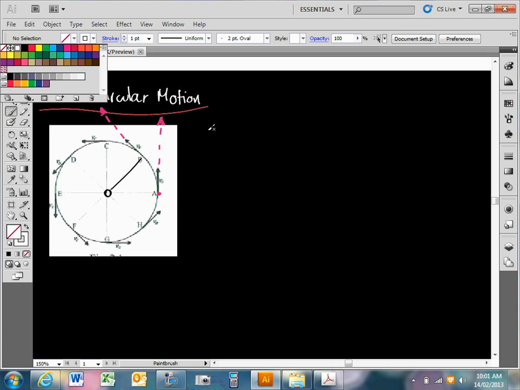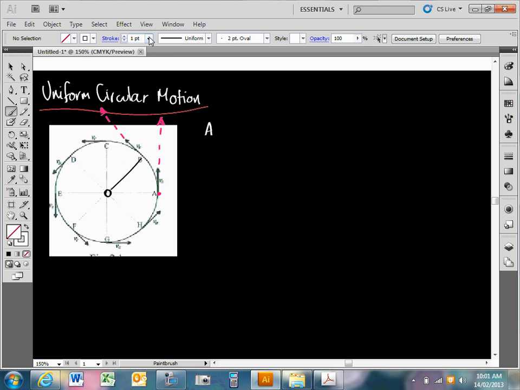We can say, I'm just going to shorten it to UCM rather than writing it all the time. An object in UCM, uniform circular motion, is moving with constant speed. Its speed is not changing.